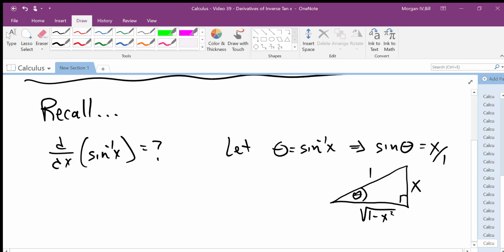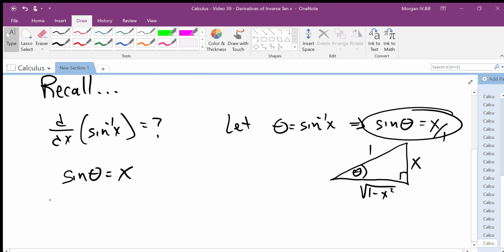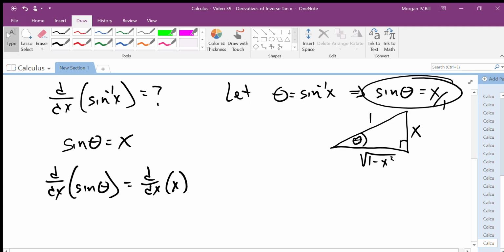Alright, so now we have this set up. Then we'll start with this, sine theta is equal to x. We'll rewrite that, sine theta is equal to x, and we'll take the derivative of both sides with respect to x. Now because theta is not x, when you take the derivative with respect to x of sine theta, you have to do the chain rule.